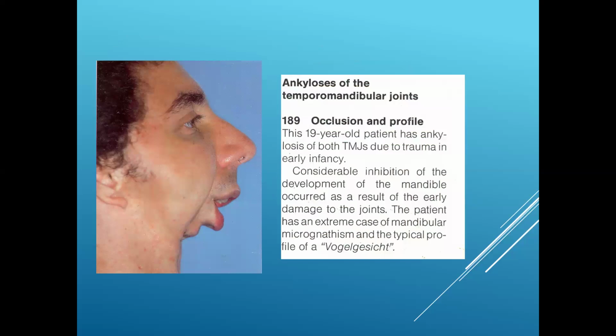This is an example. This is an ankylosis of the temporomandibular joint. Here, this is a 19-year-old patient having ankylosis of both TMJs. We can see the considerable inhibition of the development of the mandible occurred as a result of early damage to the joint. And the patient is having an extreme case of mandibular retrognathism, and we often call it Vogelgesicht.